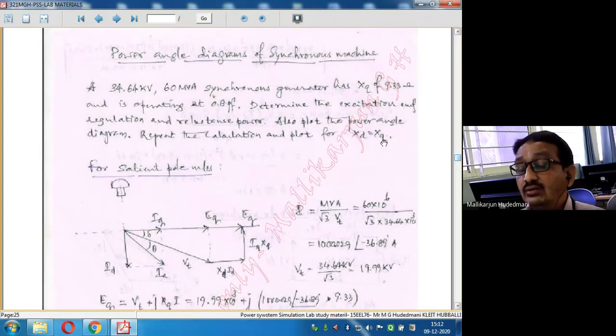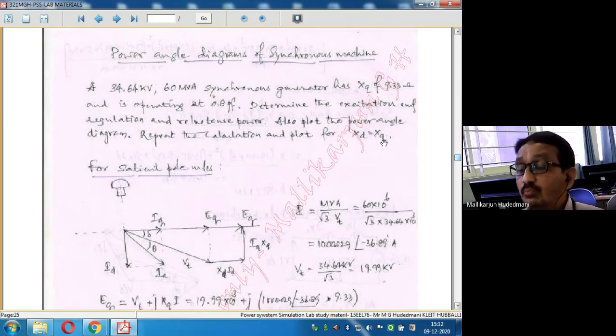When that angular difference between the voltages of the bus where the synchronous machine is connected and the bus where power is drawn keeps changing, if the angle keeps on changing from 0 to 90 degree, 90 to 180 degree, when is the maximum power transfer from the synchronous machine to the bus possible? I would like to understand.